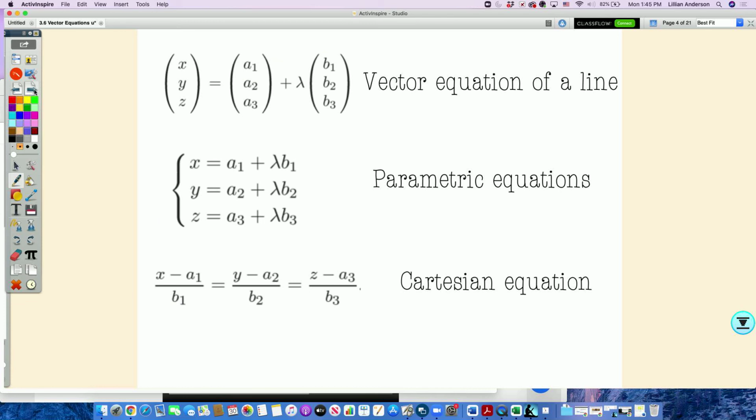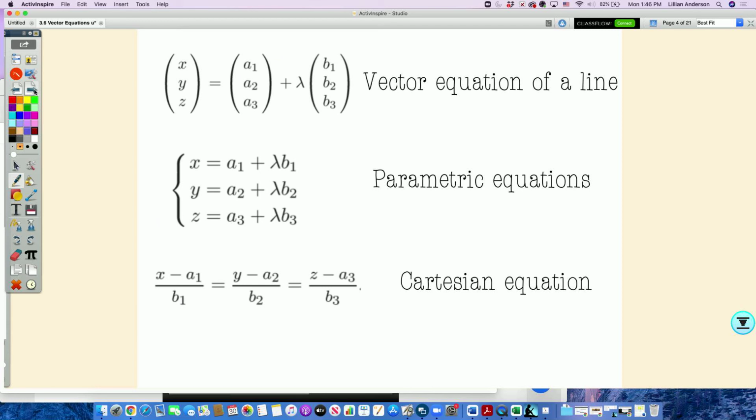There are different ways that you can write an equation. You have your vector equation of a line, which is what we saw before, where you had r equals a plus lambda b. r represents the x, y, and z, a is vector a, and b is vector b. You can also have the parametric equation form, which is creating 3 different equations for x, y, and z.